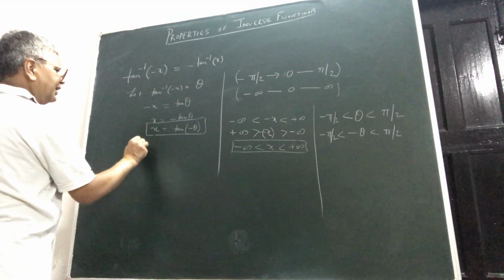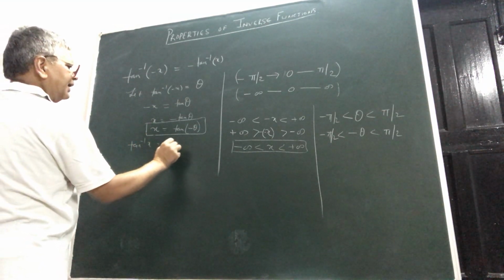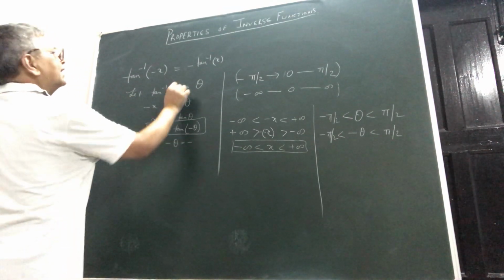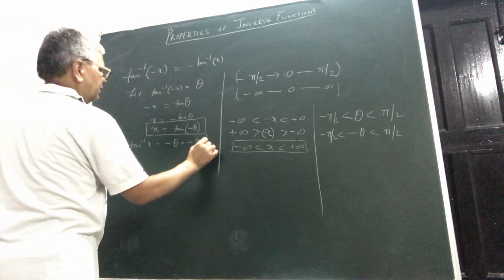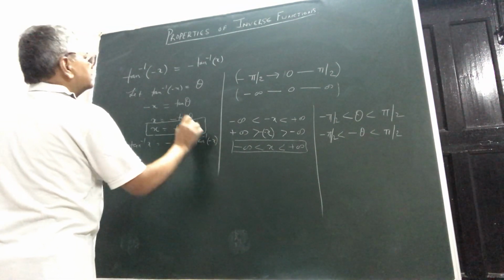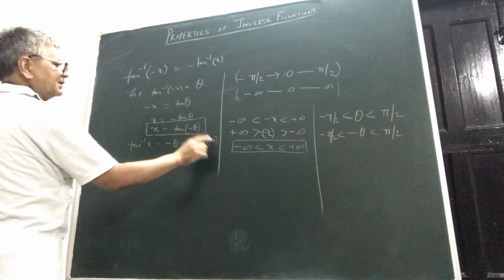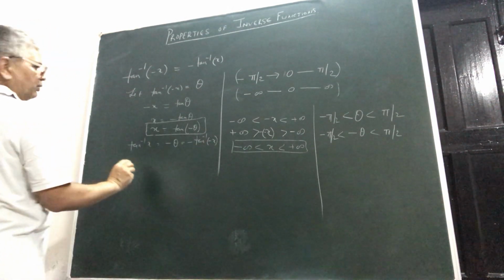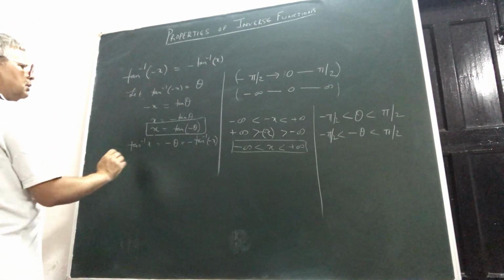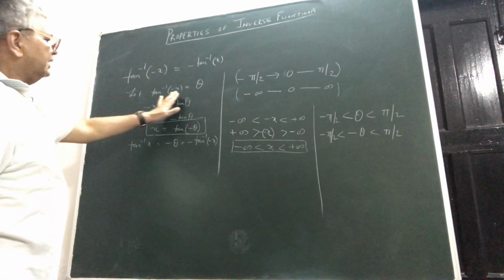So what you will get, tan inverse x is equal to minus theta, and theta is tan inverse minus x. Okay. Then tan inverse minus x is theta.